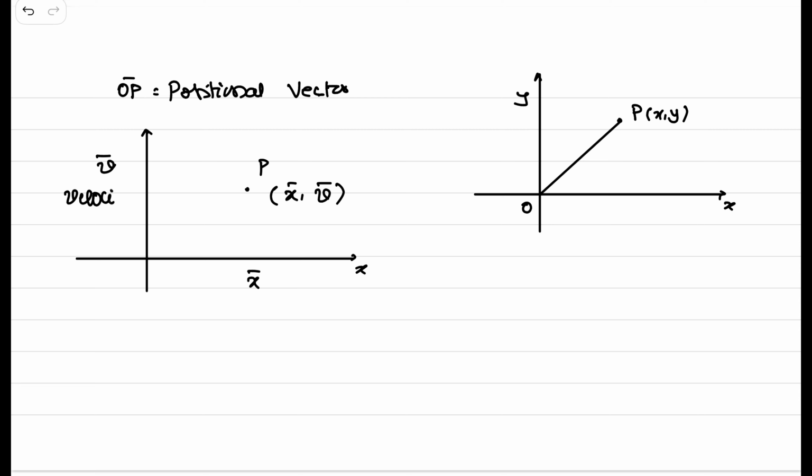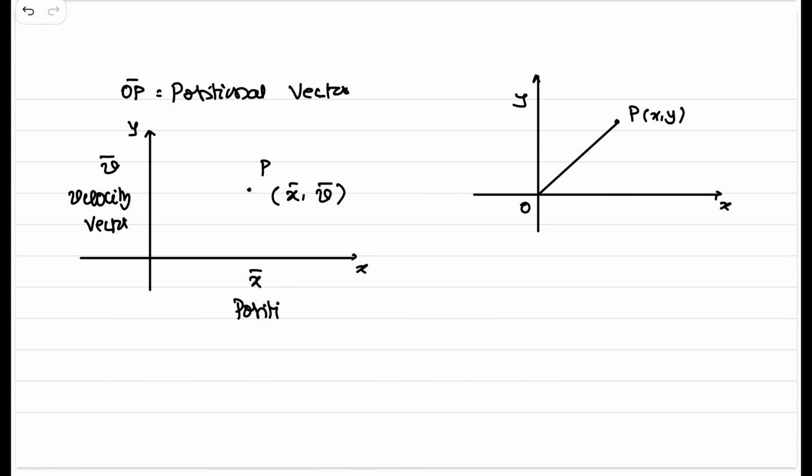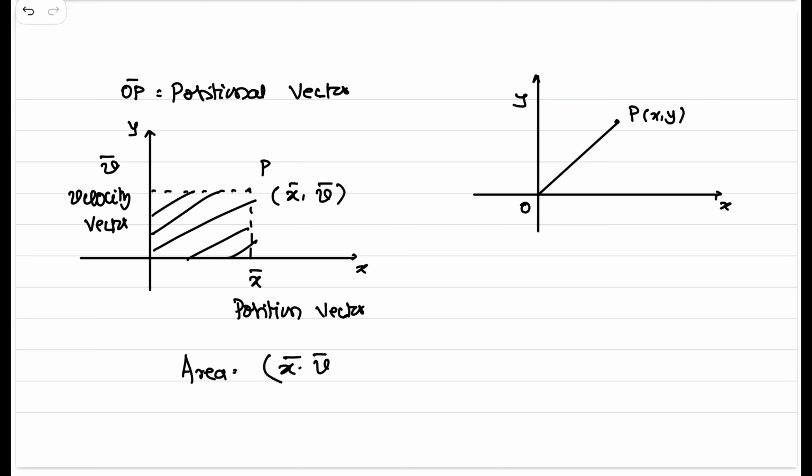This is the velocity vector I have taken on the y axis, and it is the position vector on the x-axis. And what will be the area of this? Area is equal to x bar into v bar. That is the area.